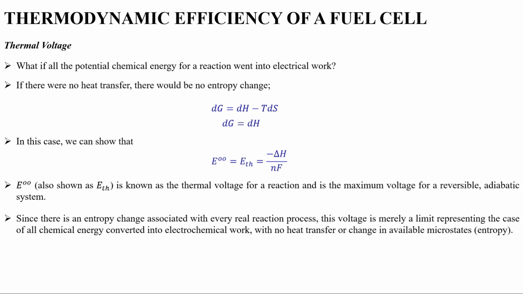Normally, we have no isentropic process, we have a reversible process, and we have entropy generation. So E naught naught is entirely a limiting case in which all available chemical energy is converted into electrical energy. So this is basically the available energy, we can say that this is the available voltage.